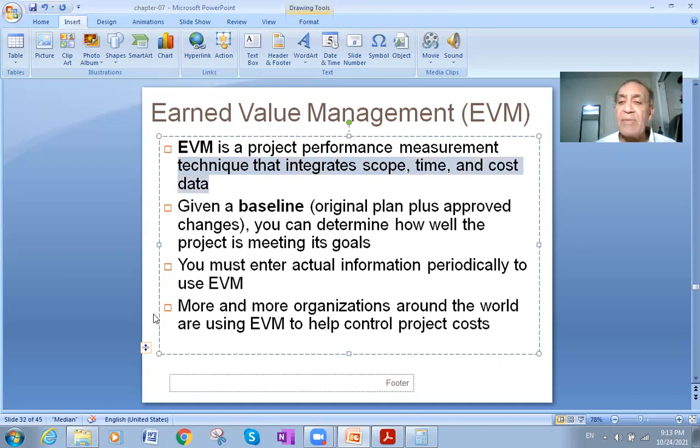You remember when we talked about the triangle, we said we have a triangle that consists of the time and the cost and the scope. And we said the scope is the deliverable or the end of the stages, the phases of the project, that you deliver.